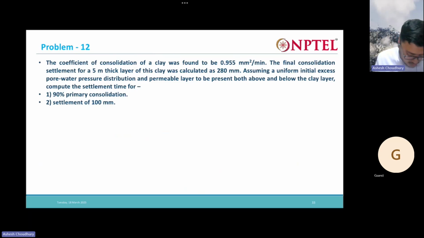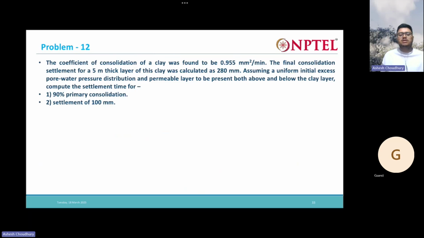Okay. So next, this is the last problem for today. Let us see it. The coefficient of consolidation of a clay was found to be Cv, 0.955 millimeter squared per minute.